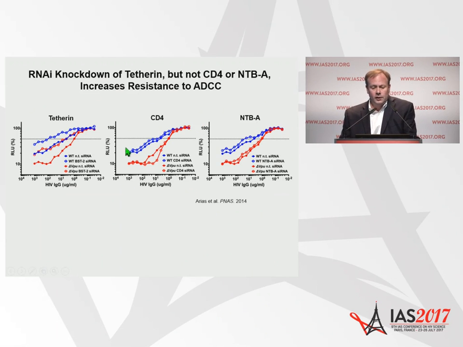We demonstrated by RNAi knockdown that knockdown of tetherin in cells infected with wild-type and Vpu-deleted virus increased resistance to killing, whereas RNAi knockdown of CD4 and NTB-A didn't have an effect. This suggests that it's the anti-tetherin activity of Vpu, preventing the accumulation of captured particles on the surface of the infected cell, that's contributing to resistance to antibodies.